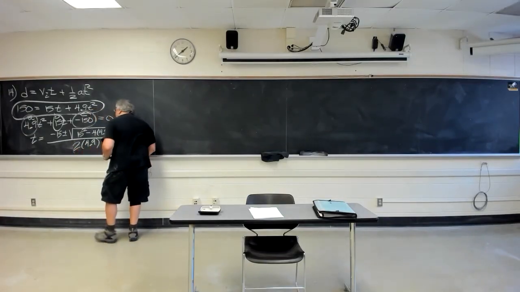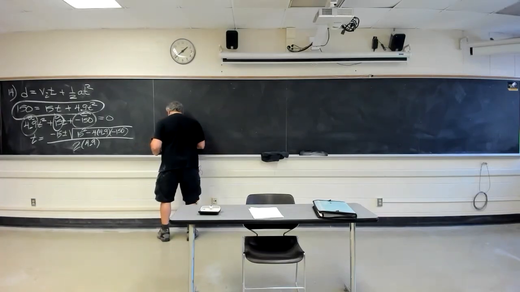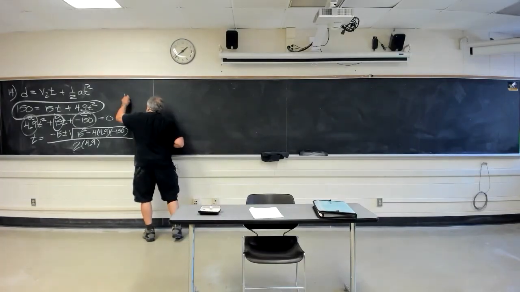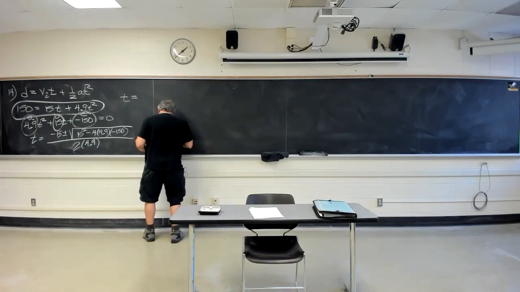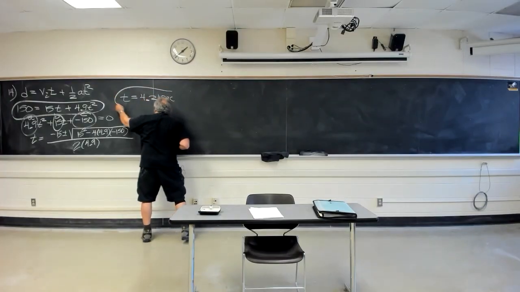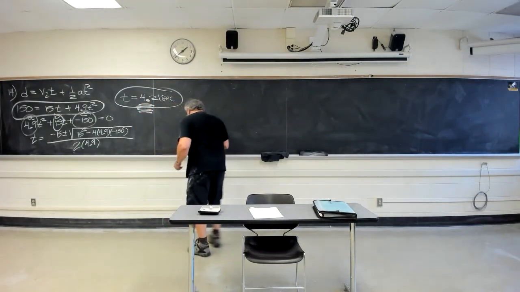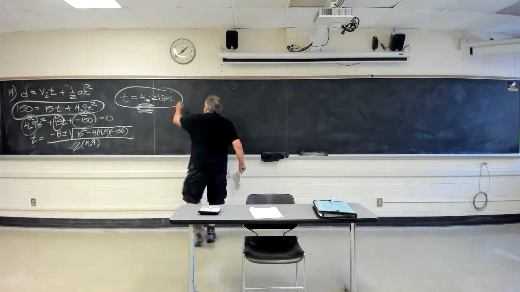Grind out the answer and let's see where this goes. You should get 2 solutions here. One of them should be absurd. The answer is 4.21 seconds. And that's that.